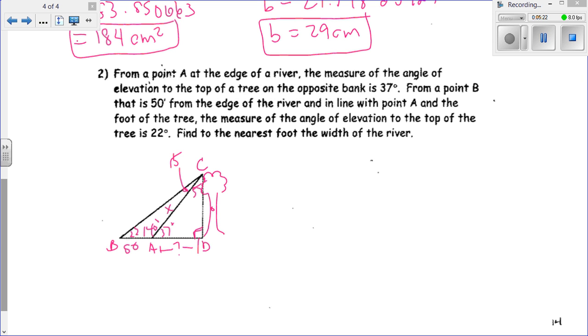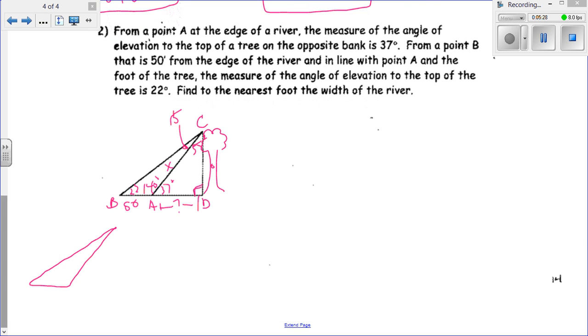So what I'm looking at is two triangles here. This is B, A and B, which is 50. This is 22. This is 143. This is still 15. And that's C. And I want to find AC.